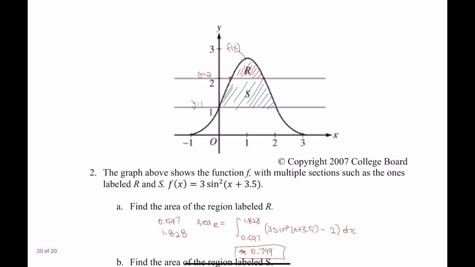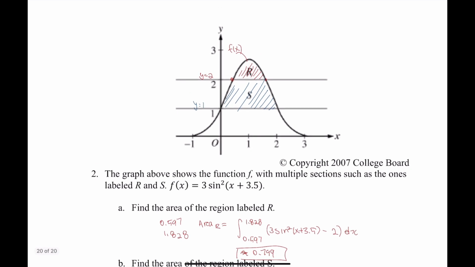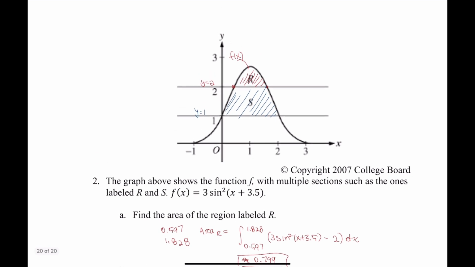That means you need to do some more algebraic thinking. So what we're going to do is find the intersection points between y equals 1 and the function f of x. So we're finding the area of this entire thing, R plus S, and then from that area we're going to subtract the area of R that we found to get the area of S.